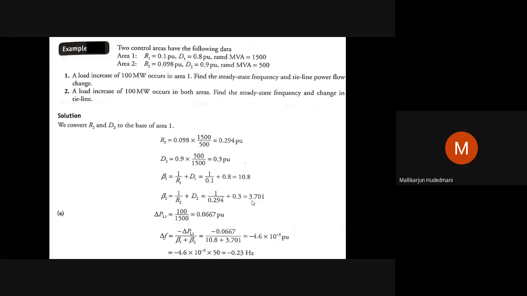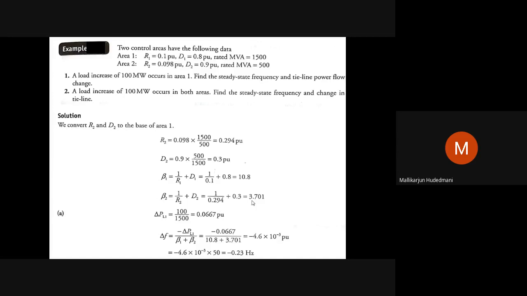When there is a need to convert the bases to common, we have to do it first. You can witness it. First machine is on 1500 base, second machine is on 500 base. Now it becomes very necessary to convert it into respective bases. Let us convert R2, D2 to base 1. Base 1 is 1500.